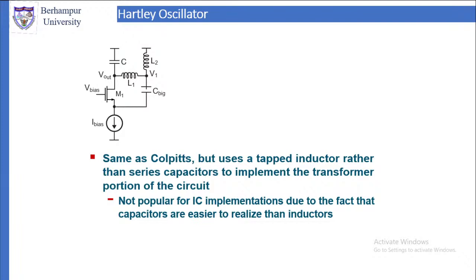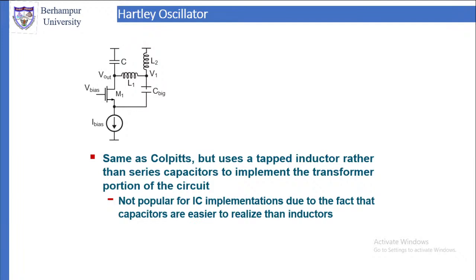And then finally, we will come to the Hartley oscillator. In the Hartley oscillator, you have 2 inductors and 1 capacitor. It is just the opposite, the dual of the Colpitts oscillator. It is the same as the Colpitts oscillator, but uses tapped inductors rather than series capacitors to implement the transformer portion of the circuit.